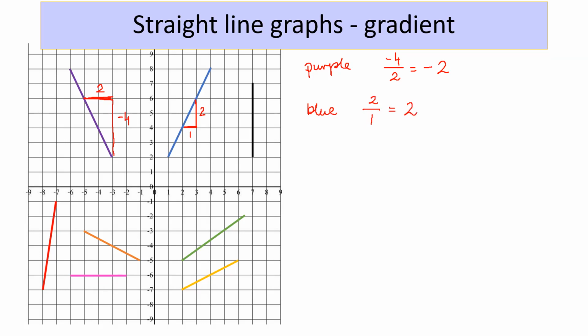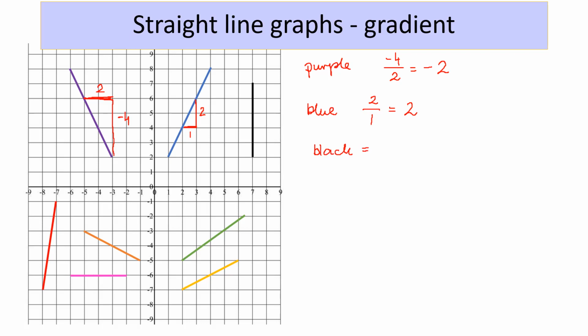Let's have a look at the black line. Notice I don't really go across. The change in y for this particular length of the line would be 5. Now to work out the gradient, we do change in y divided by change in x.